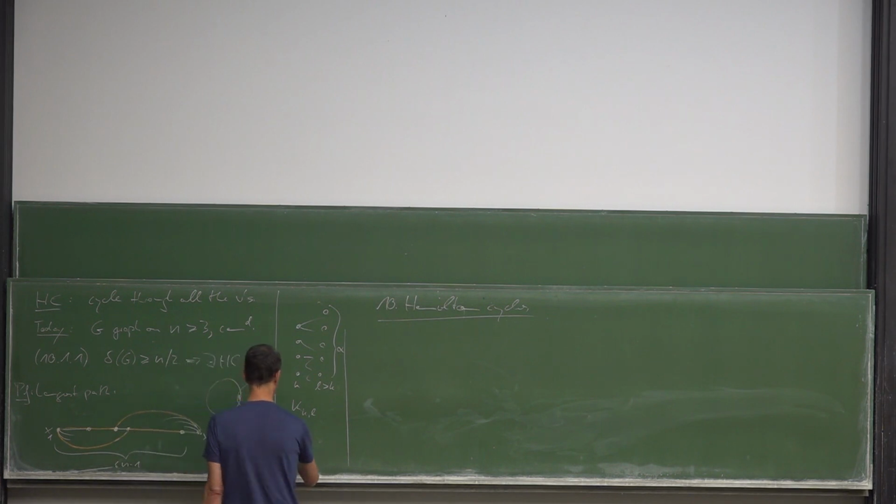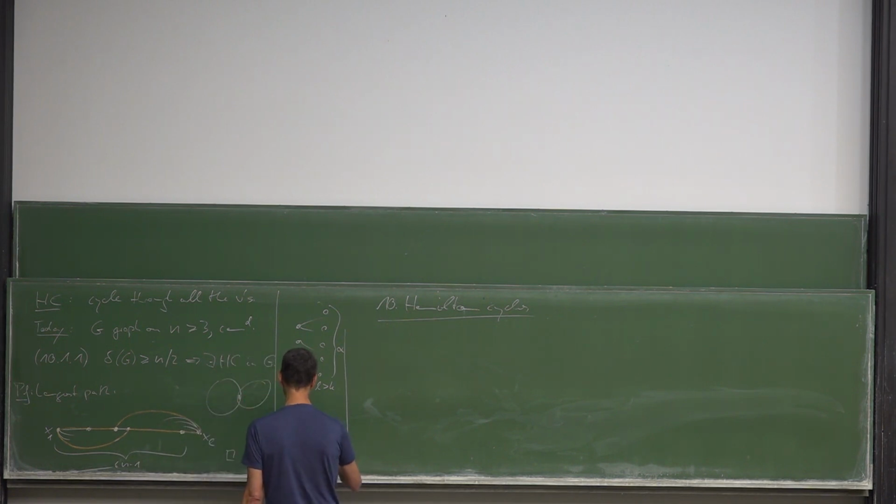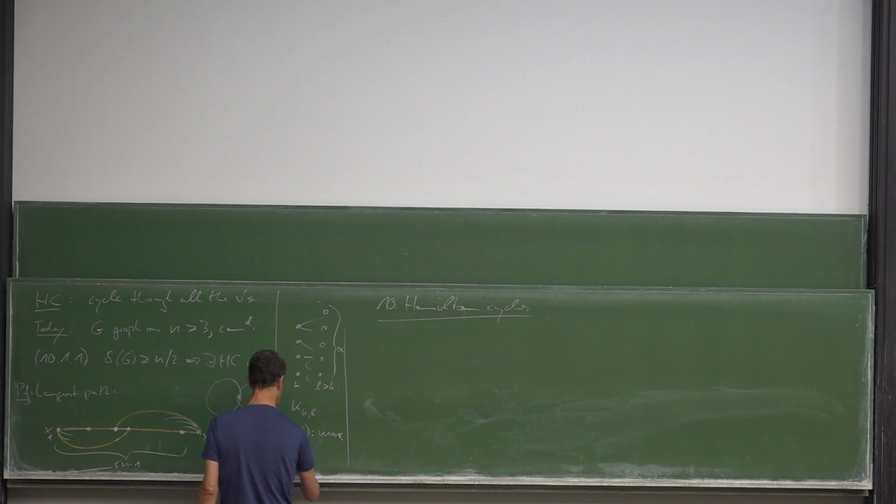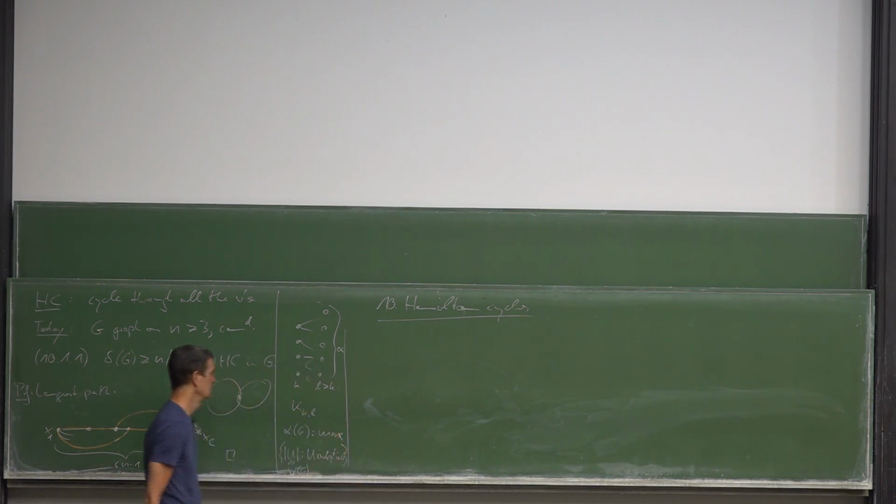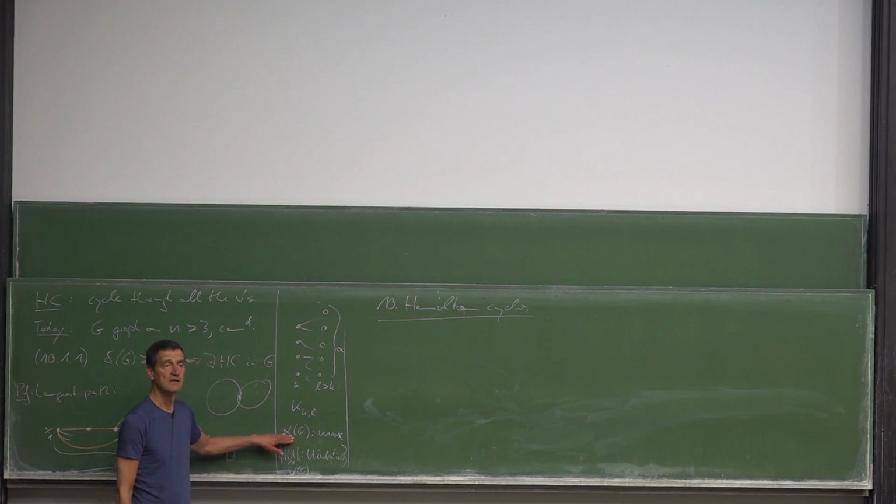Right, alpha of G is the independence number, is the maximum size of a set of vertices that are independent in G. Right, the largest number of independent vertices you can find in G, that's called alpha of G. There's also an omega of G, which is the largest size of a complete graph in G. Right? Alpha and omega are complementary here.